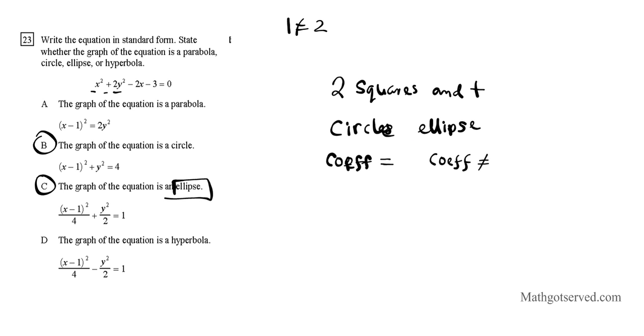But when you look at the coefficients, that's what tells you if it's an ellipse or a circle, okay? In this case, the coefficients are different. That's why we have an ellipse. So the answer to this is option letter C. So we don't have to do any work for this.